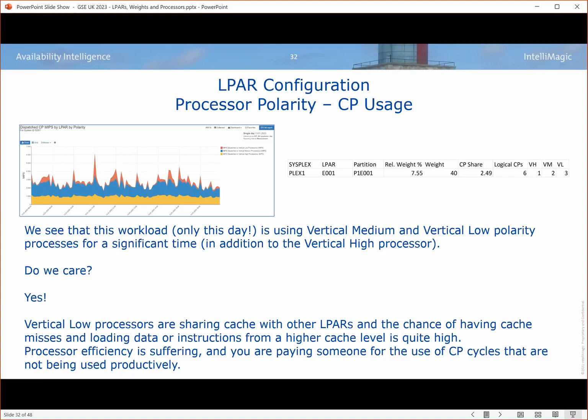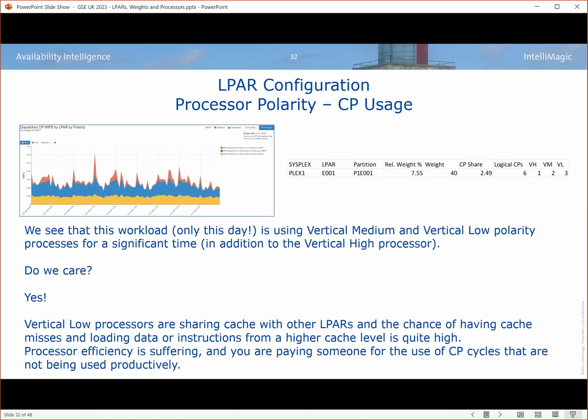And sometimes you want to look at only a portion of the day, your actual online workload, maybe from 8 until 5 p.m., not your batch workloads. It's important to define what you want to look at. In any case, for this particular example, we see that we actually are using quite a significant amount of vertical medium and vertical low processors, in addition to the vertical highs.